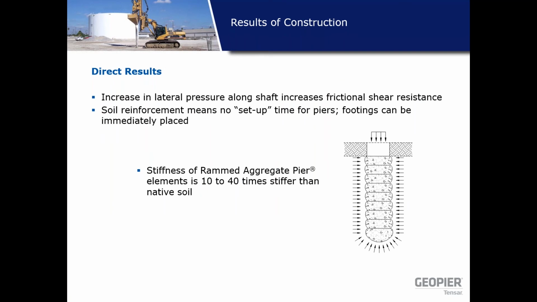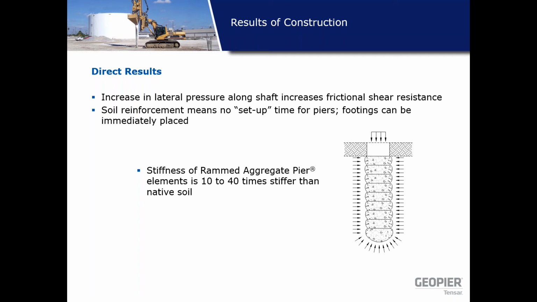These are the direct results. So these elements are stiffer than the surrounding matrix soil. It's improving your soil to a certain degree, but at the same time, these elements are so stiff, they are about 10 to 40 times stiffer than the native soils.